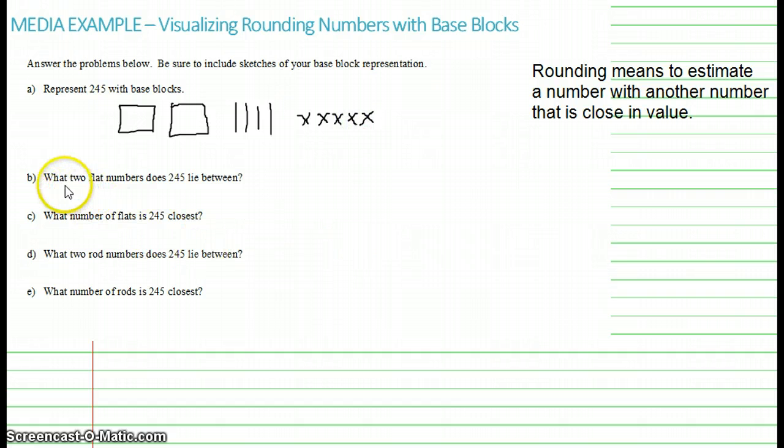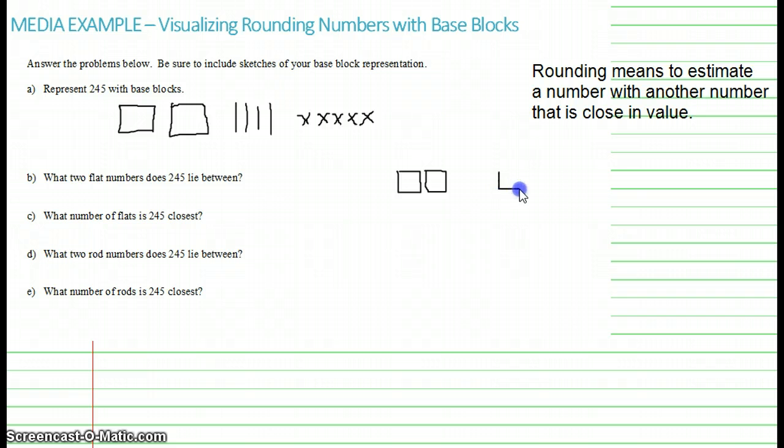Now the next question asks, what two flat numbers does 245 lie between? So here's 245 and it has 2 flats, but it has more than 2 flats because it has these rods and units. But it's also less than 3 flats because we can't regroup this to make a new flat. So I'm just going to draw a little picture here.